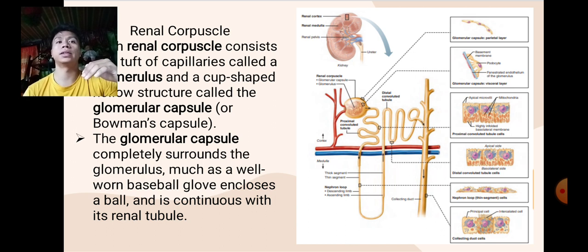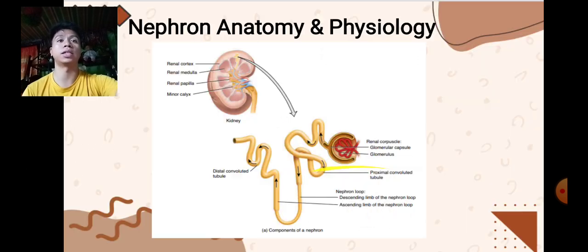And the filtered fluid now passes to the renal tubules, which have three main sections, which we'll discuss later.